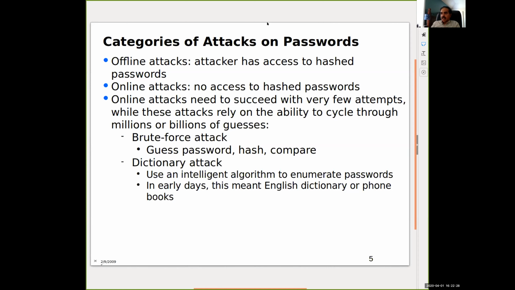Then the second approach is called a dictionary attack. The dictionary doesn't mean a particular language dictionary. What it means is that there is some way of enumerating likely passwords, and then using this enumeration, you're going to try those passwords in that enumeration one by one, and that's how it's going to be done.